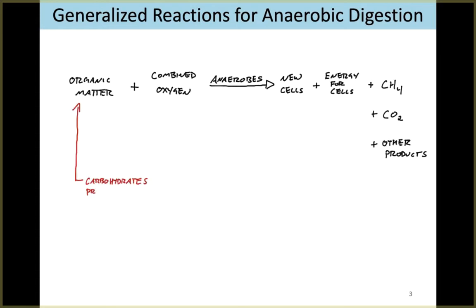And so to give you some examples here, organic matter, you can think of things like carbohydrates, proteins, fats, and oils that would end up in the sludge. Combined oxygen, there shouldn't be much oxygen in the O2 dissolved oxygen form, but there will be several molecules that have oxygen as part of them.